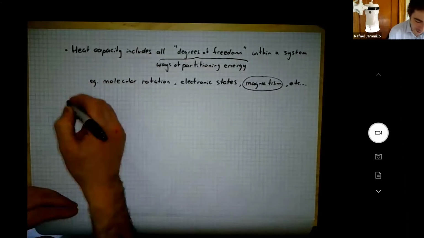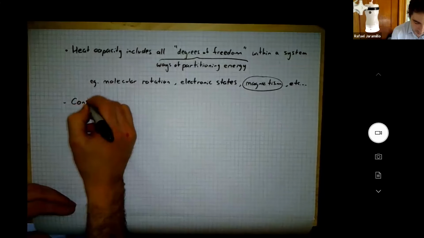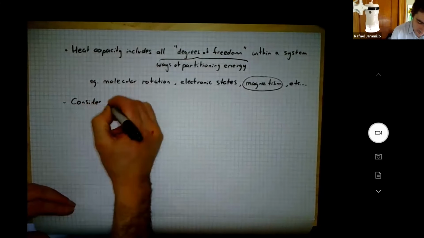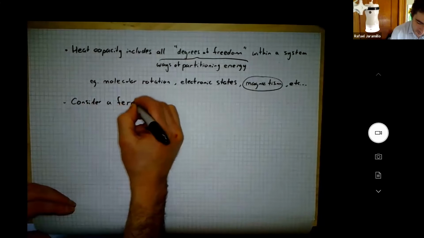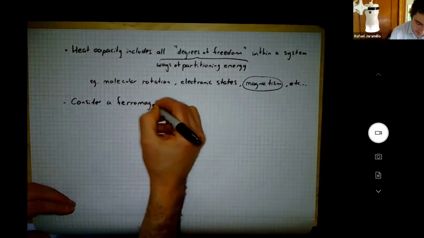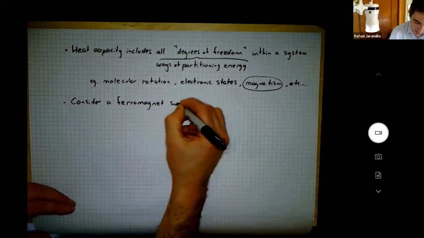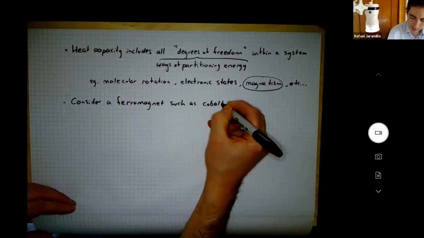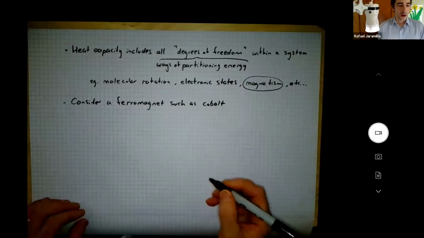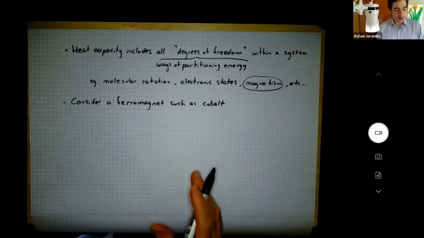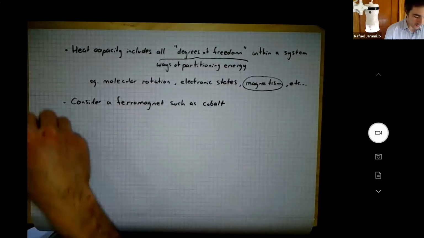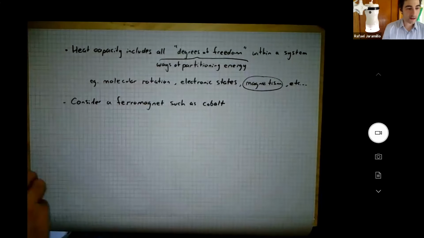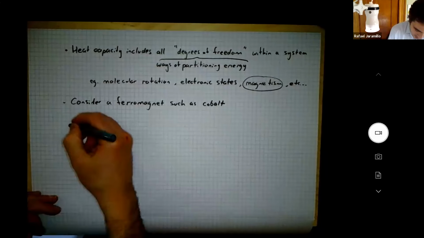So let's consider a ferromagnet, such as cobalt. There are other ferromagnets, of course. I don't know why I picked cobalt. All right, now we're going to draw pictures the way we did before with the case of lattice vibrations, except now we're going to consider the magnetic system. So let's consider two scenarios.